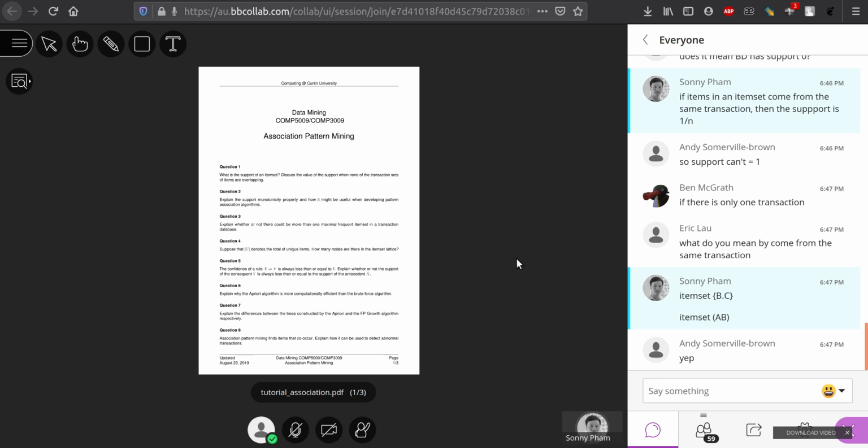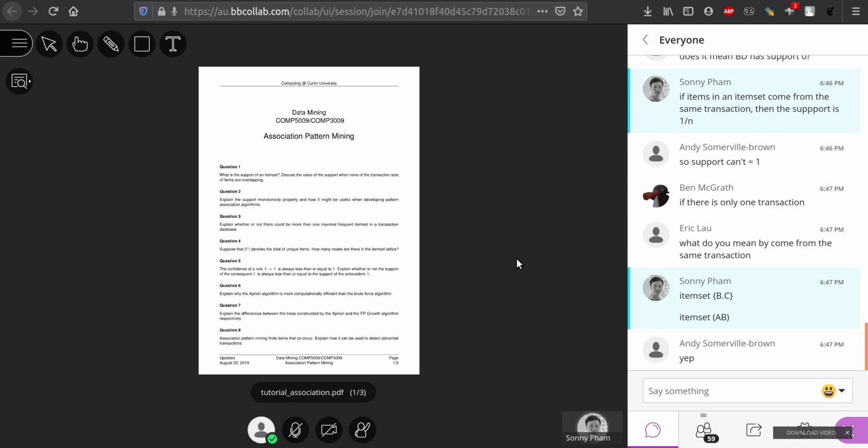The second question is really just theory. Explain the support monotonicity property, so you can look up the slides or the textbook, and how it might be useful when developing pattern mining algorithms.